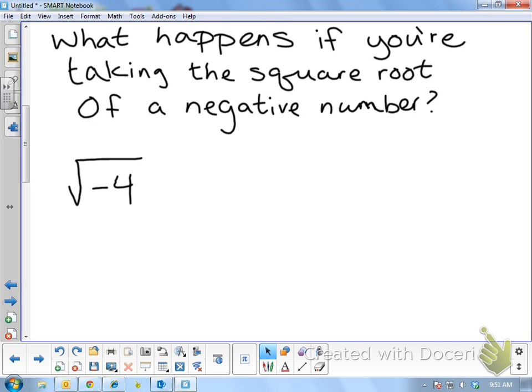So we want two numbers that are exactly the same to multiply to be negative 4. When we try to figure that out, what's the closest we can come to that requirement? 2 times 2. Negative 2 times negative 2. Those are pretty close to being exactly the same, but they're not quite exactly the same.